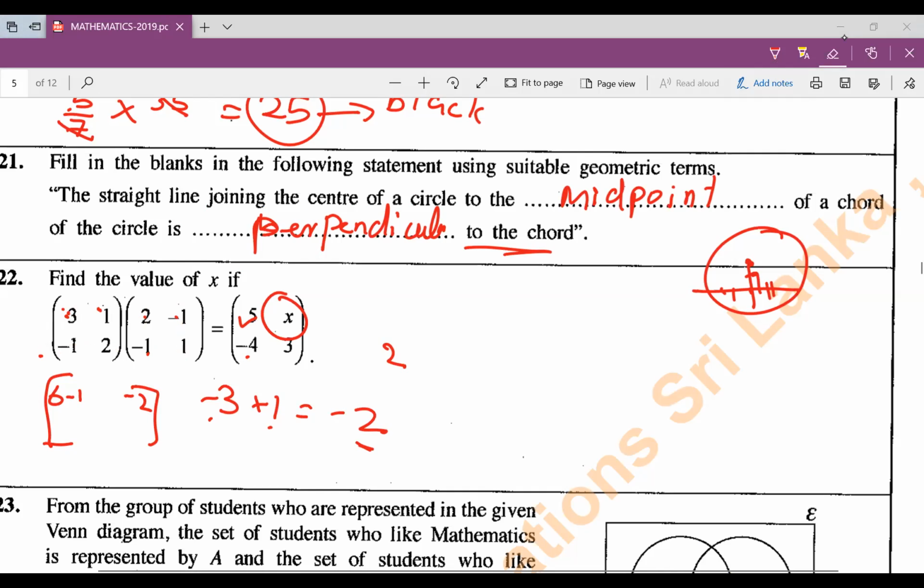Minus 1 into 2 is minus 2, and 2 into minus 1 is minus 2. That is minus 4 here. Same as this 3 will become by multiplication. So we need only this minus 2.